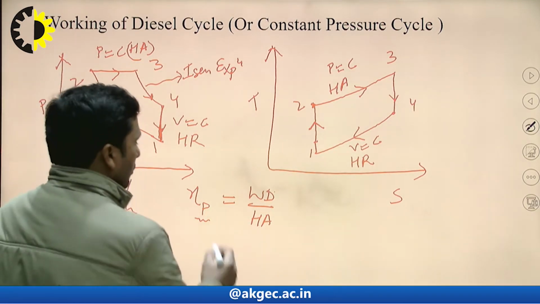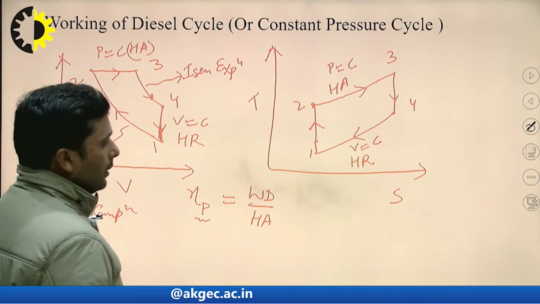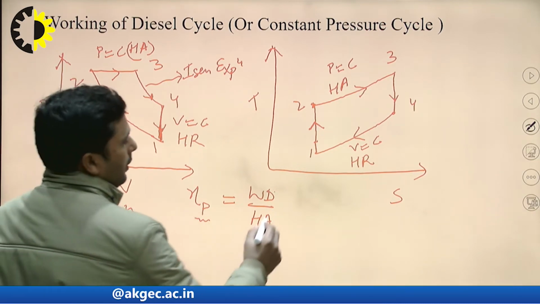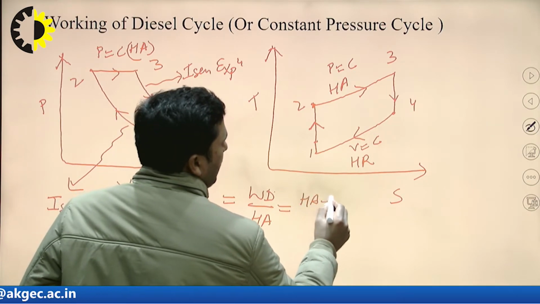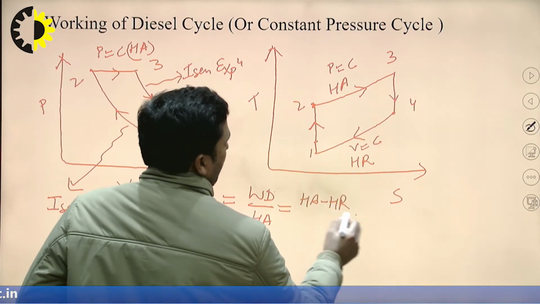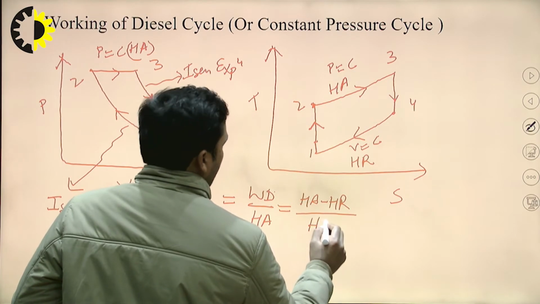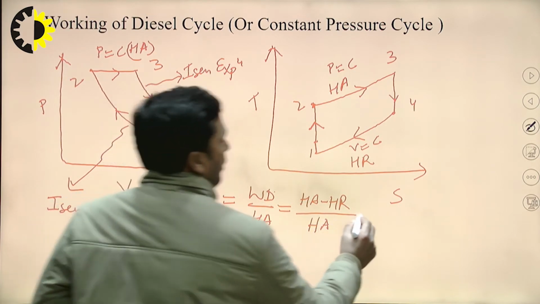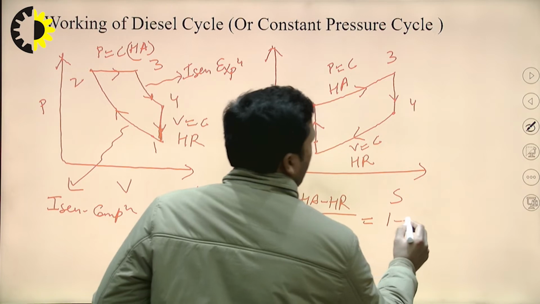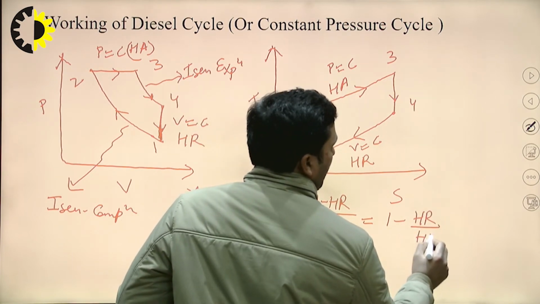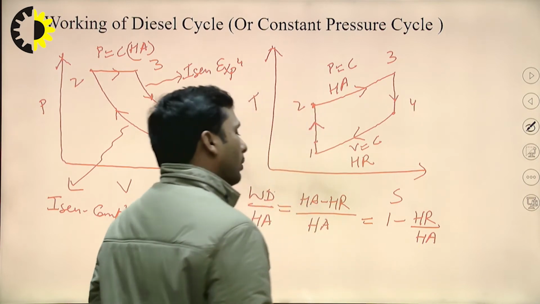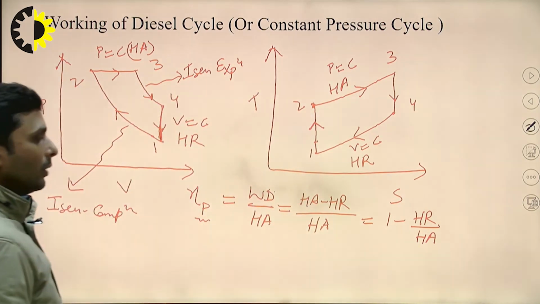We also know that work done is equal to heat addition minus heat rejection. So it will be equal to heat addition minus heat rejection upon heat addition, or 1 minus heat rejection upon heat addition. So our focus is to calculate heat addition and heat rejection in the diesel cycle.